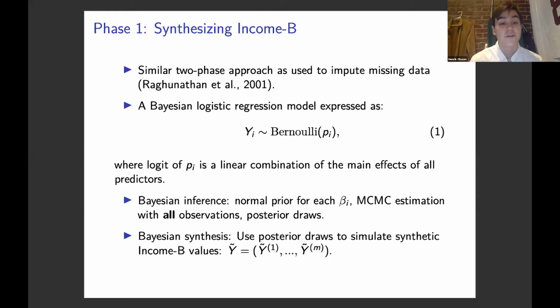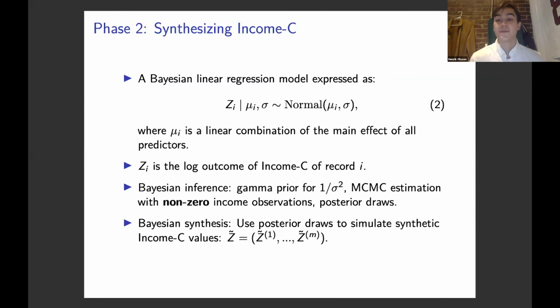And the logit of pi is the linear combination of the main effects of all 7 predictors. Step by step, we first specify a normal prior for each beta i, and then we perform MC estimation with all observations. In our case, we had a total of 5,000 observations to collect the posterior draws. Then we use the posterior draws to simulate M synthetic income B values.